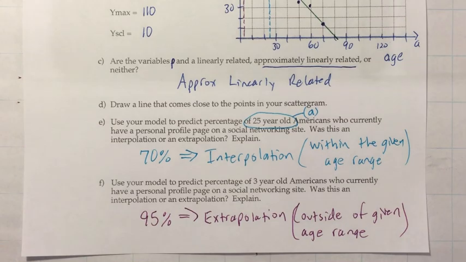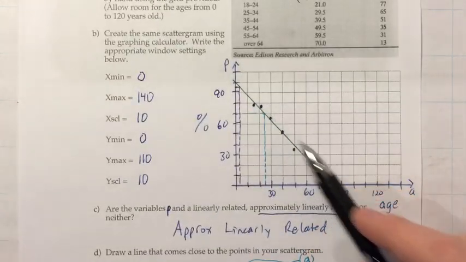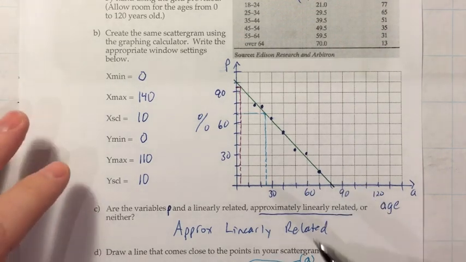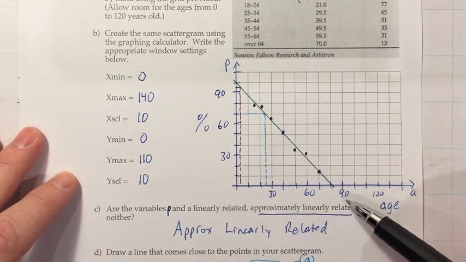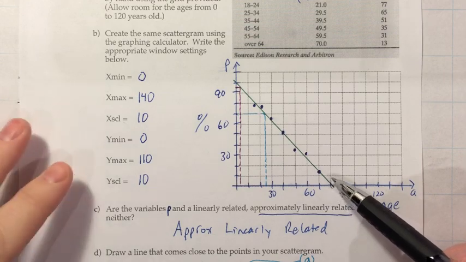One of the key reasons we want to think about that is that interpolations are more trustworthy than extrapolations when it comes to making predictions. We have a roughly linear pattern to our data set, but we don't know if that pattern continues forever in both directions, and a lot of times it doesn't. The more you get away from the given range, the less reliable those predictions are.